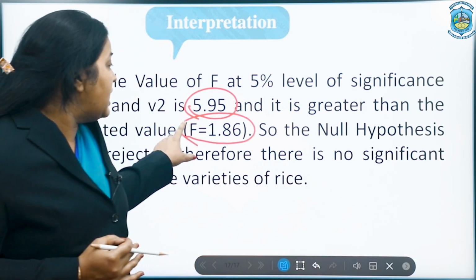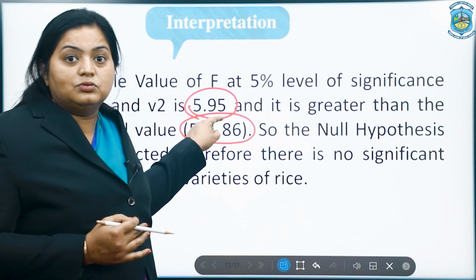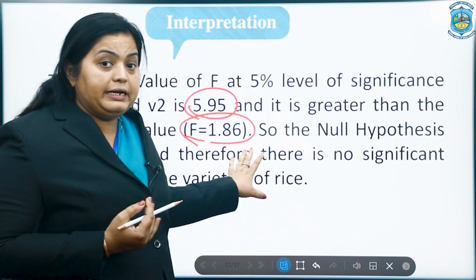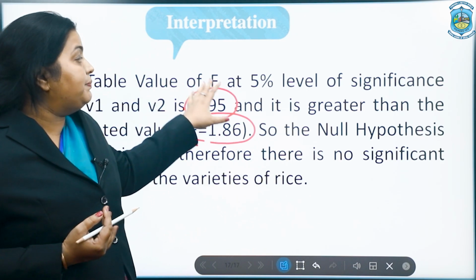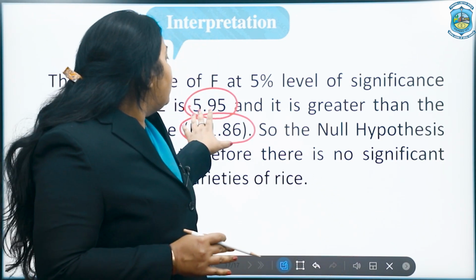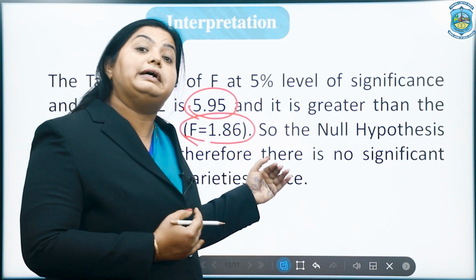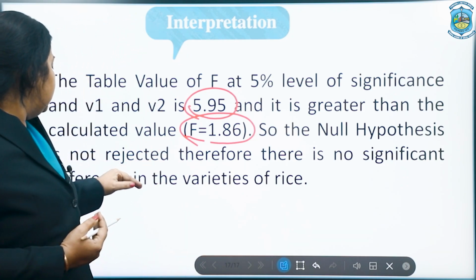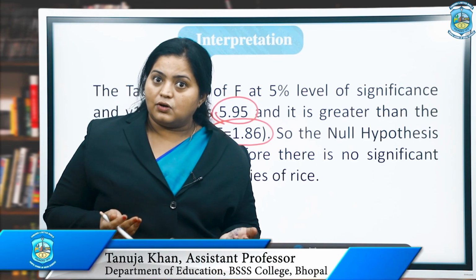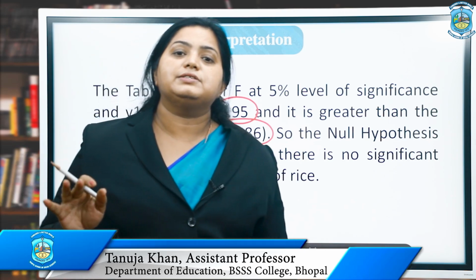But in our case, our calculated value is less than the table value, because our calculated value is 1.86, whereas the table value is 5.95. So our null hypothesis, which we formulated at the beginning, is not rejected. Therefore there is no significant difference in the varieties of rice.